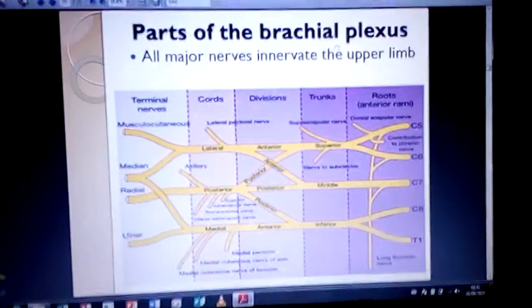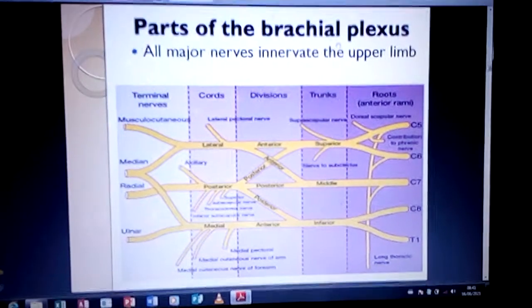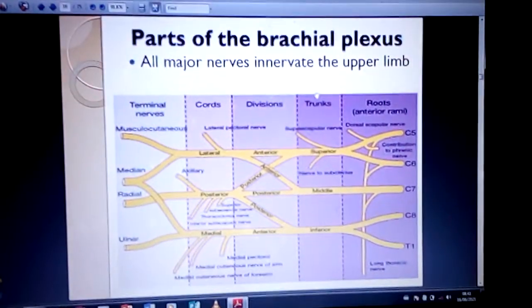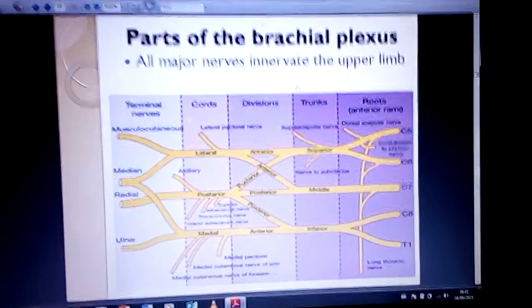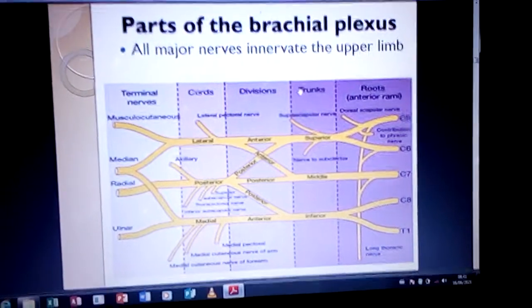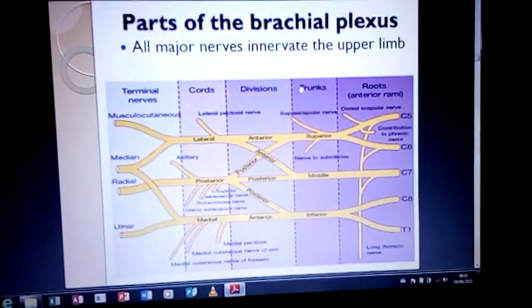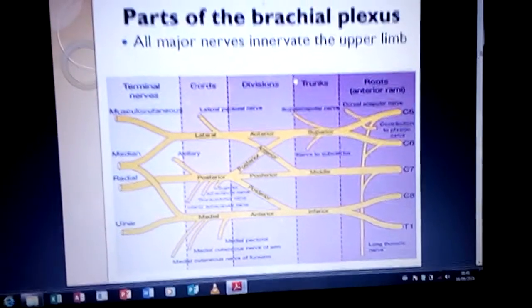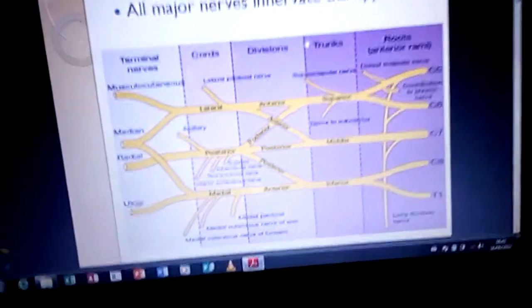These spinal nerves arise from the spinal cord as rootlets. So the first branch of the spinal nerves we call rootlets. These rootlets further divide into two roots, the posterior root and the anterior root.